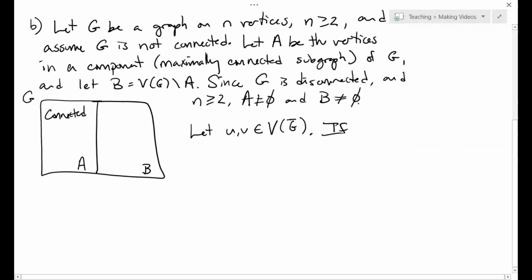Well, the vertices in G bar are the same as the vertices in G. And so those vertices are split into groups A and B as well.